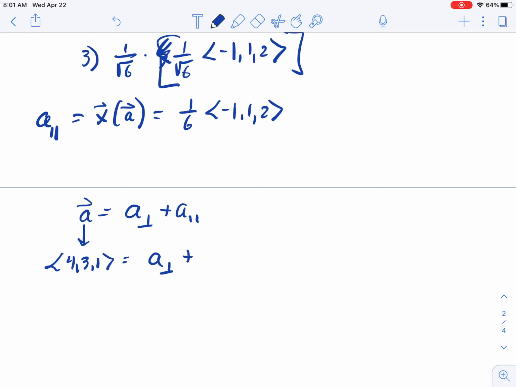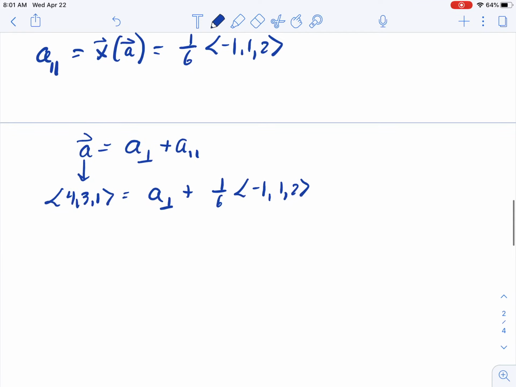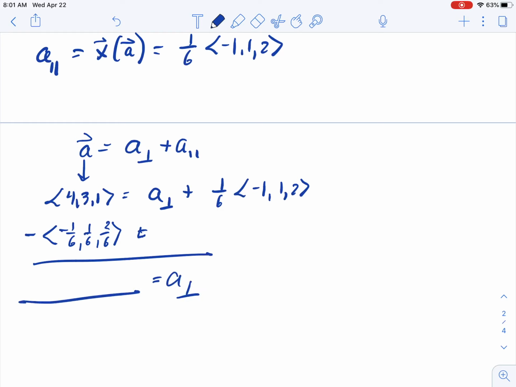My A perpendicular is what I want to find, and A parallel is 1/6, -1, 1, 2, and therefore all I have to do is subtract here, and I'm going to have to distribute through here. So negative 1, 6, 1, 6, 2, 6, and that would be A perpendicular, whatever that is.